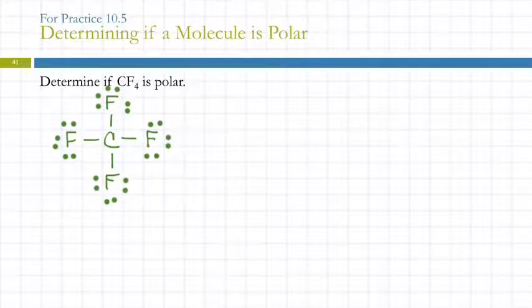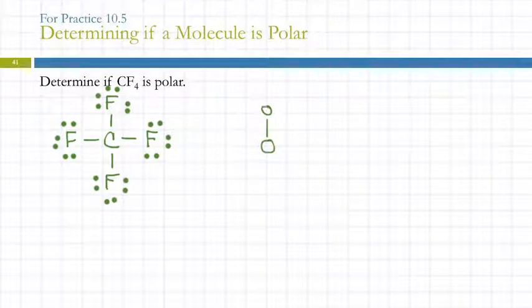How do you know without looking at the table? A good rule of thumb is if those elements are different, it's probably polar. The only one you really need to remember that's nonpolar with different elements is a carbon-hydrogen bond. Carbon-hydrogen bonds are considered nonpolar. So these are polar, and so we've got this tetrahedron.